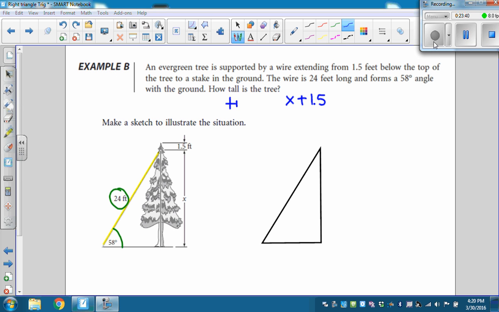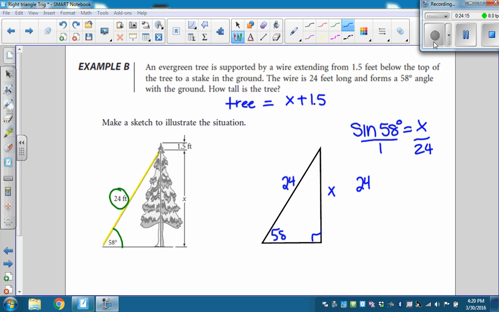So the tree height is going to be x, which is in my triangle right there, plus the 1.5, because there's a little bit of the tip of the tree above the wire. So I have a 24 here, height is perpendicular, this is 58 degrees. In reference to 58, I have opposite and hypotenuse, so the true statement is sine of 58 degrees is equal to x over 24.